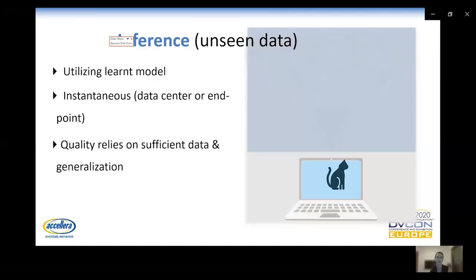And once we identify that there is a degradation in the quality of the model or in the ability to accurately predict what is going to happen, then we will trigger a retraining of the model and generate a new learning model that can be applied during the inference step.